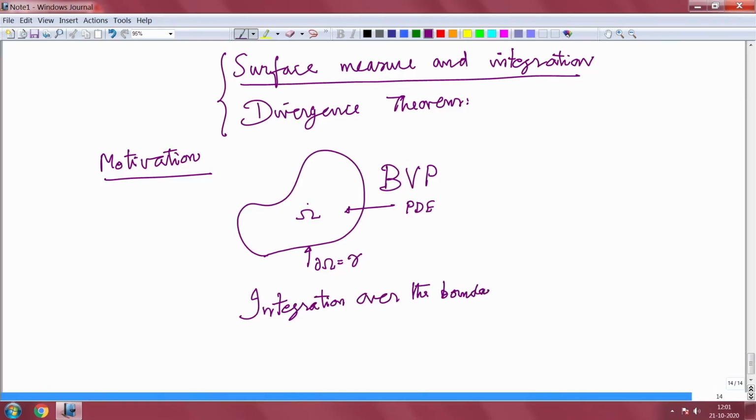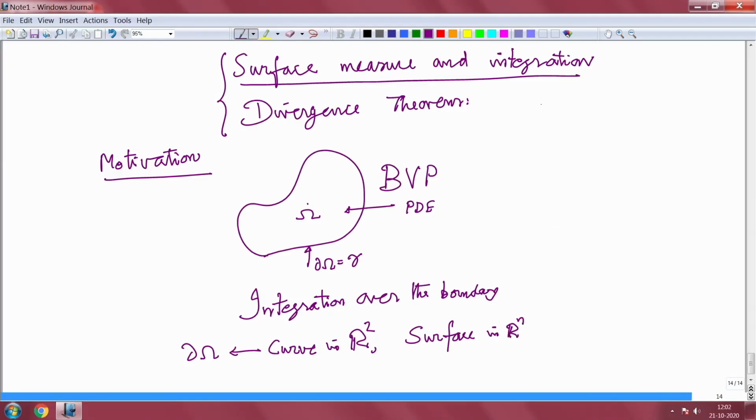So, you will have a boundary d omega, maybe a curve in R2, or a surface in Rn when you go higher. That is why we need to introduce a measure.